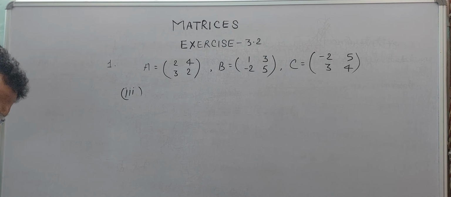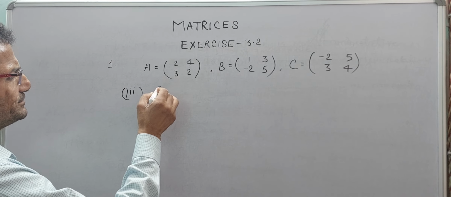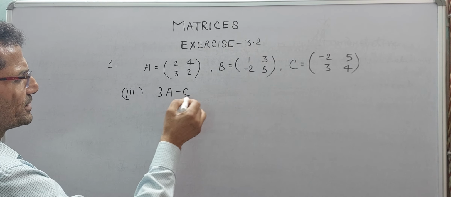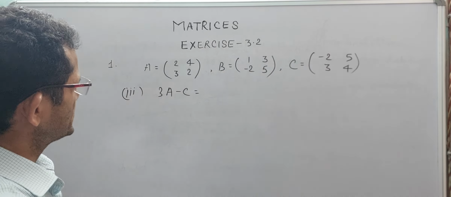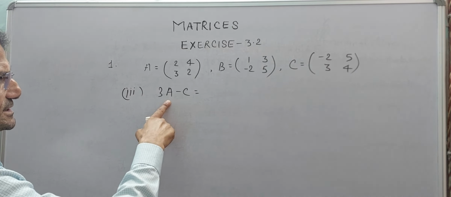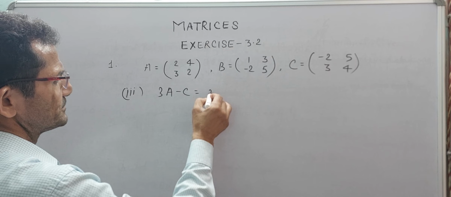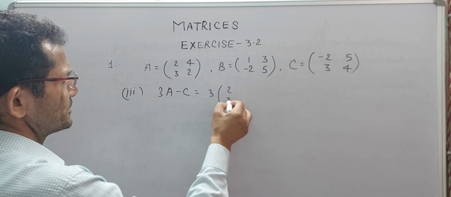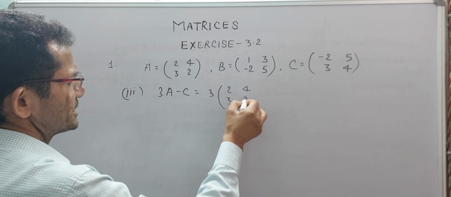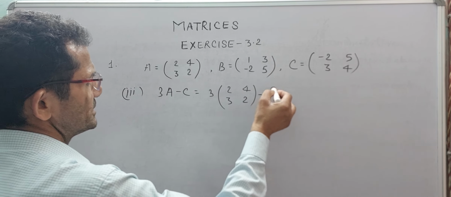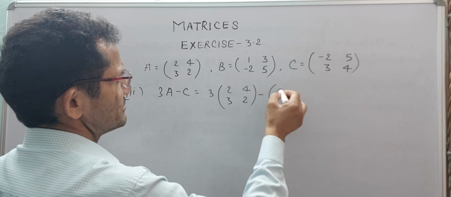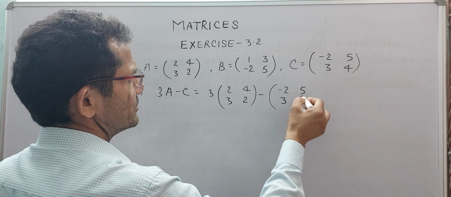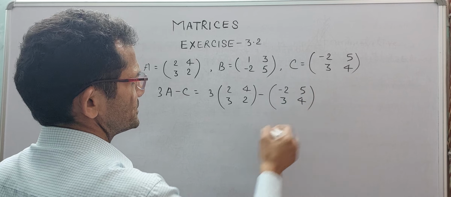We need to calculate 3A minus C. We have to multiply every element of matrix A by 3. So here 3 times matrix A, which is [2 3; 4 2], minus matrix C, which is [-2 3; 5 4].